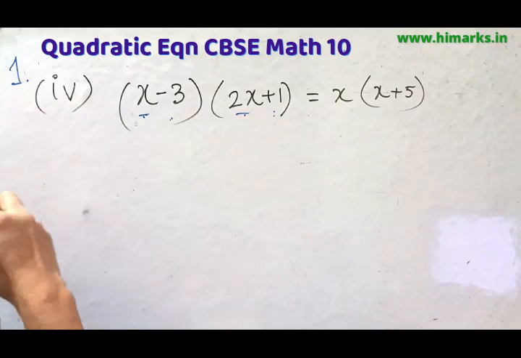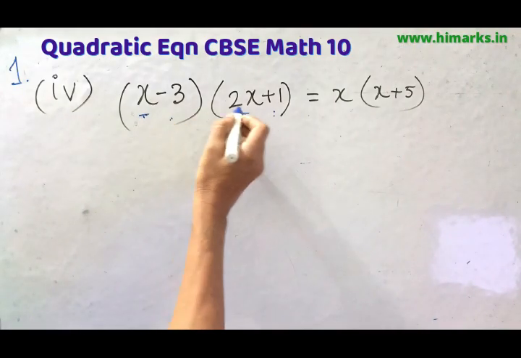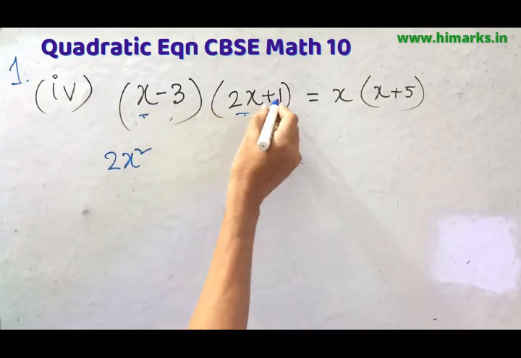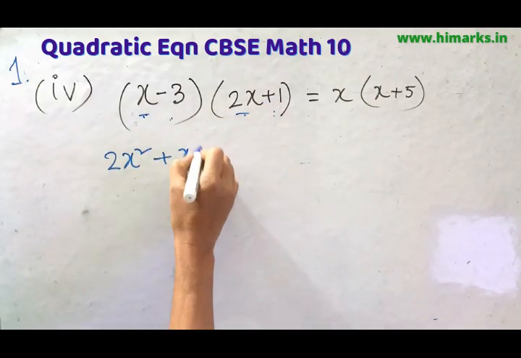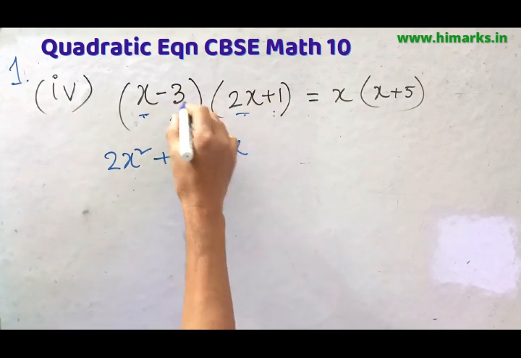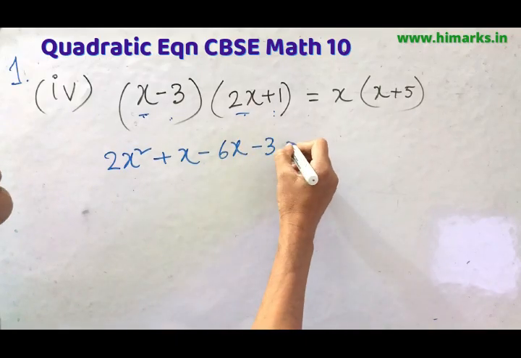So these 4 terms will come. Let us do that. x into 2x is 2x square. x into plus 1 is x. Minus 3 into 2x is minus 6x. And minus 3 into plus 1 is minus 3.